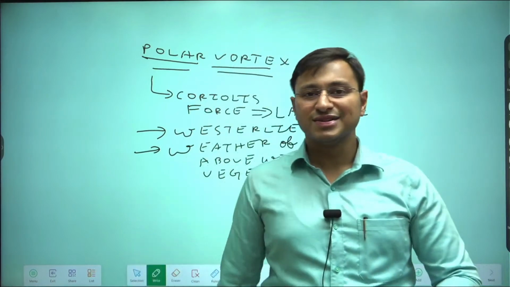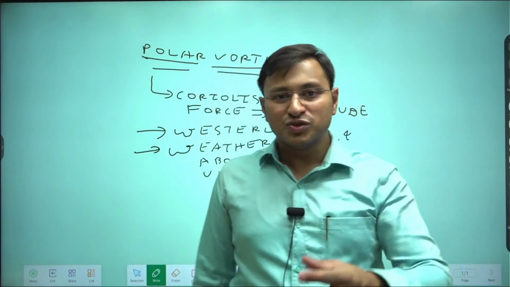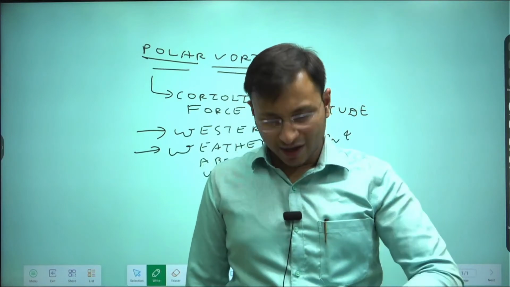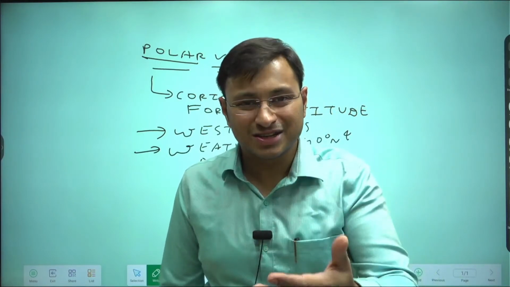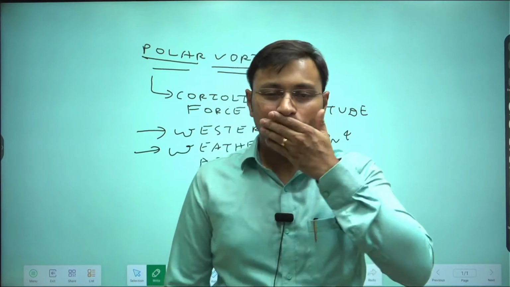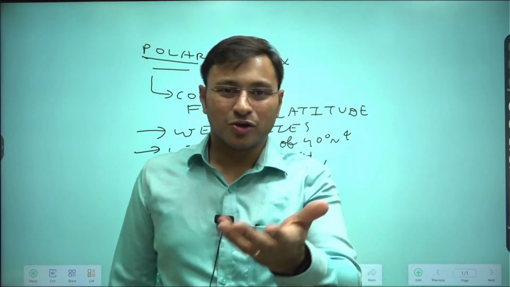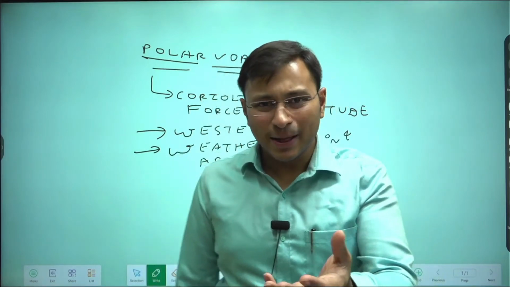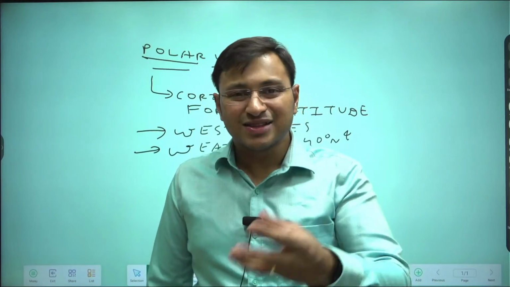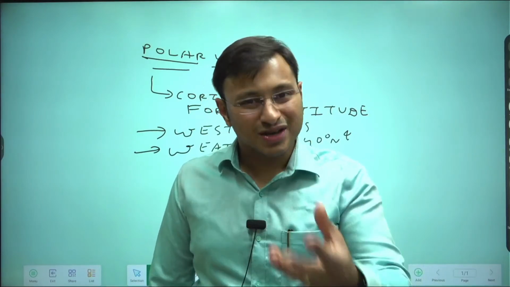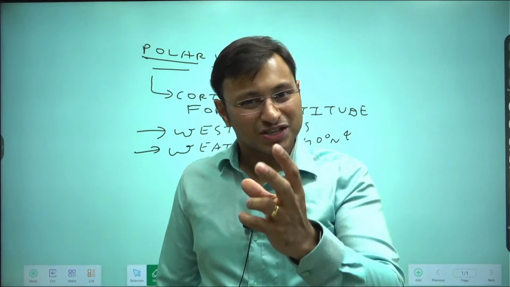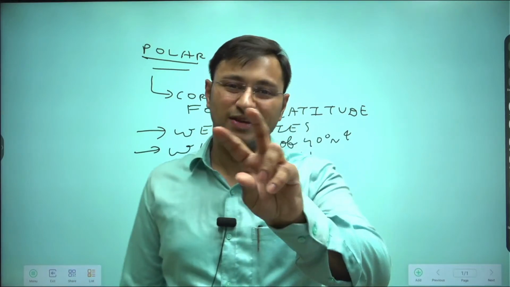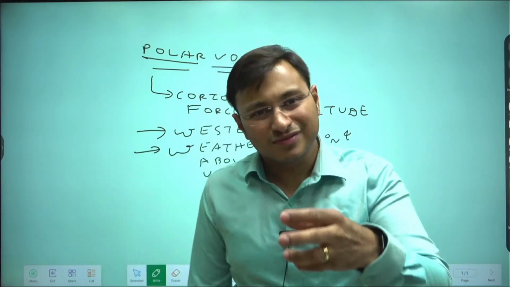So in the previous class, I introduced you to a thing called polar vortex. For that, we need to have a detailed discussion of the Coriolis force per se. So what is Coriolis force? Coriolis force is nothing but an apparent force. Why does this force come into play? This force comes into play because of the rotation of Earth on its axis from west to east, okay. Because of this, what happens?